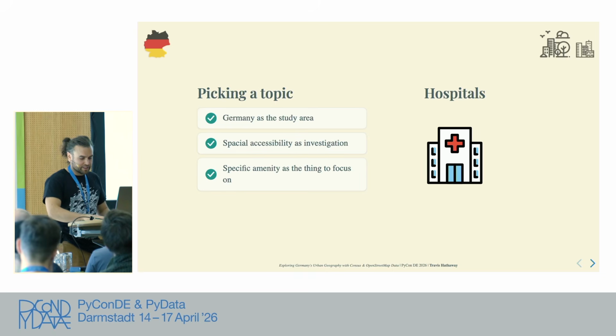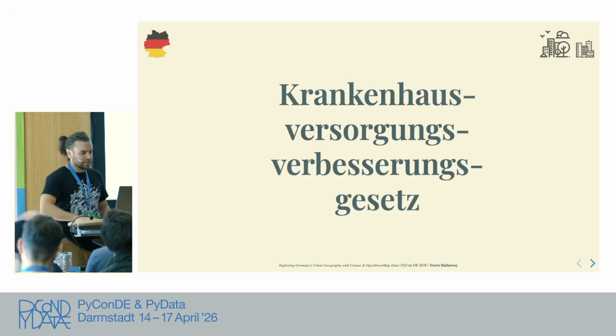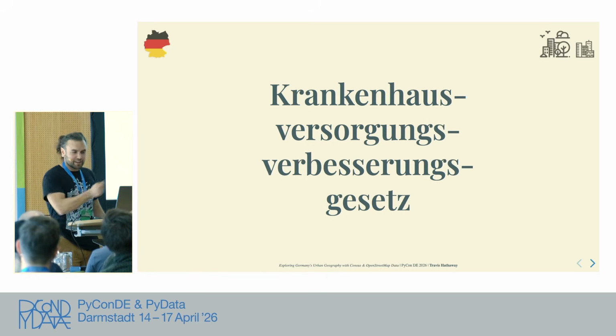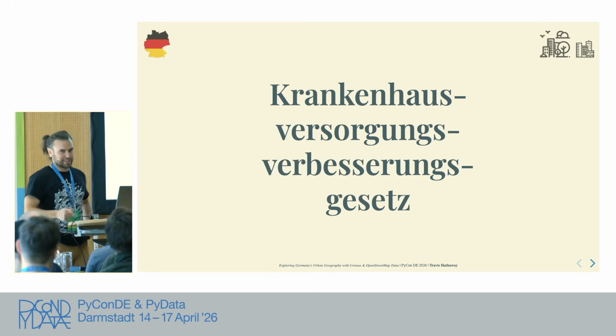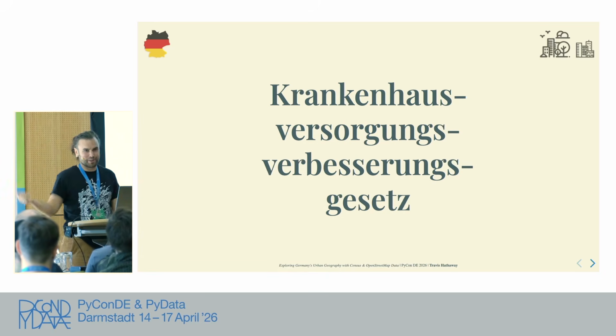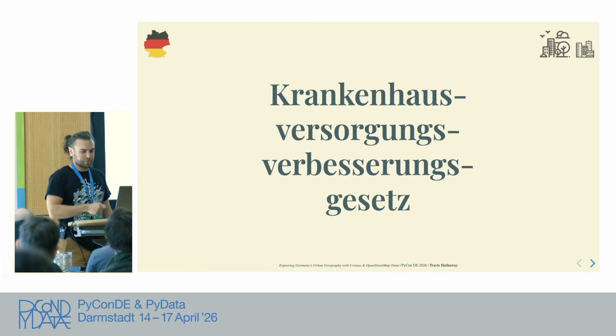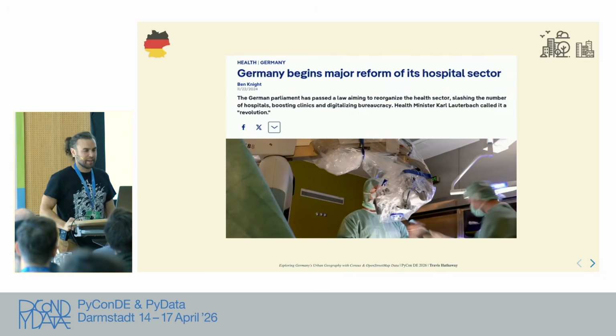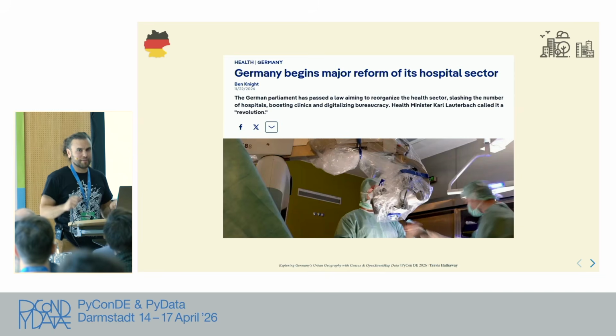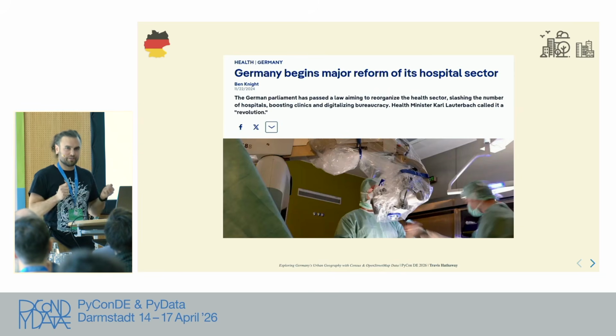And for that reason, I'm going to bring in this lovely, lovely German word. But this is the Krankenhausversorgungsverbesserungsgesetz. And this was a law that was passed by the previous coalition in 2024. And this was a law that was a major reform of how hospitals in Germany are financed.